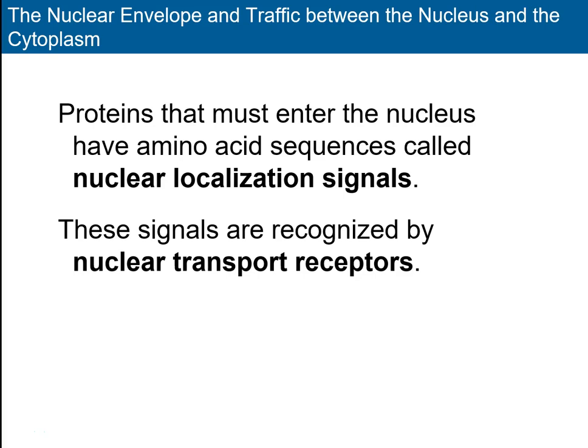We said it's selective, so how is that selective and how does that work? Proteins that need to enter the nucleus because that's where they function have nuclear localization signals, particular amino acid sequences that serve as those signals. Those signals get recognized by a special receptor called the nuclear transport receptor, okay?